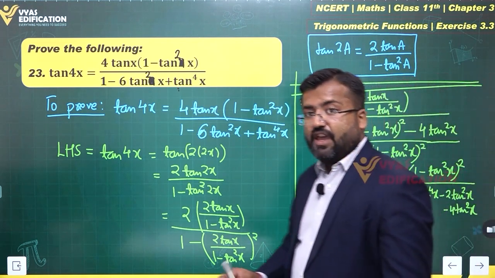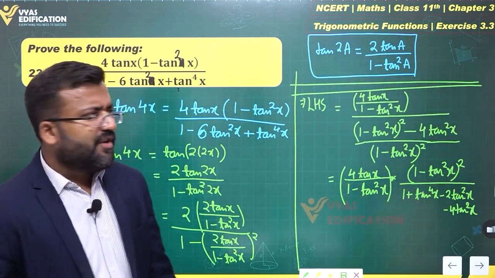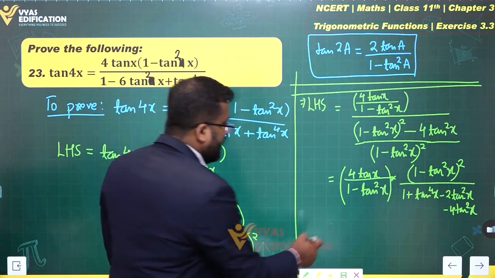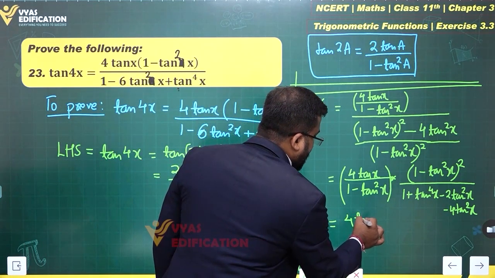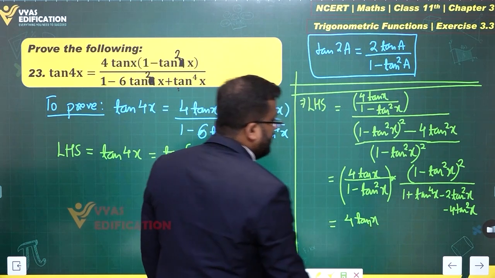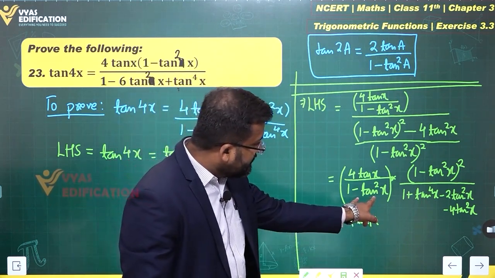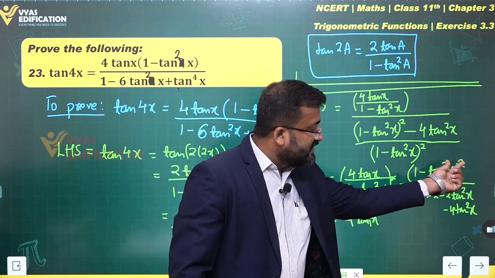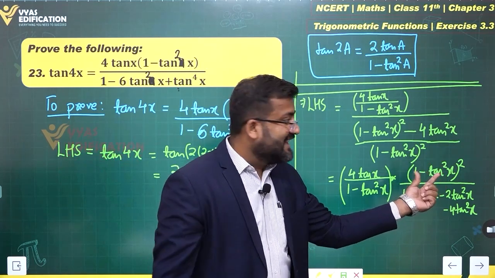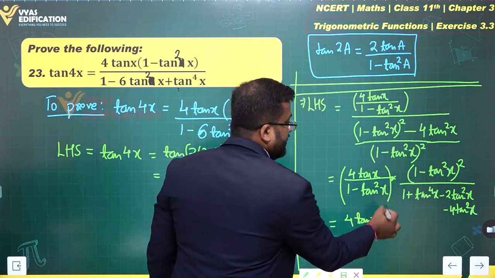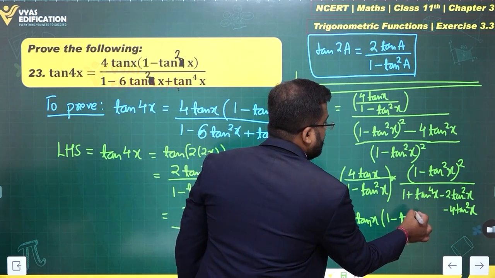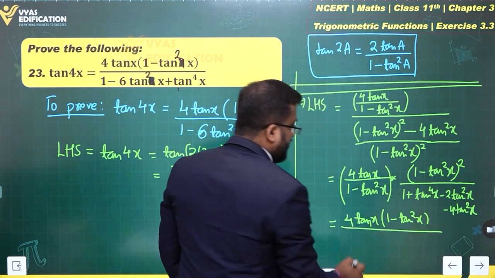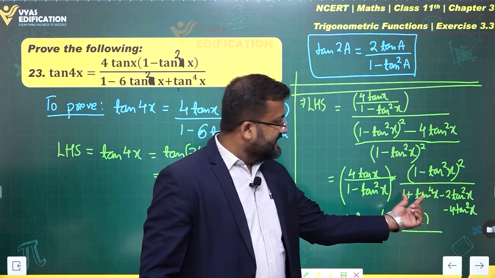Now we seem to have simplified a lot of these things. What you have is a 4 tan x in the numerator. Observe that this 1 minus tan square x and this 1 minus tan square x whole square, one factor will get cancelled. You will get a 1 minus tan square x in the numerator. What about the denominator? This term is gone. The remaining thing is this.